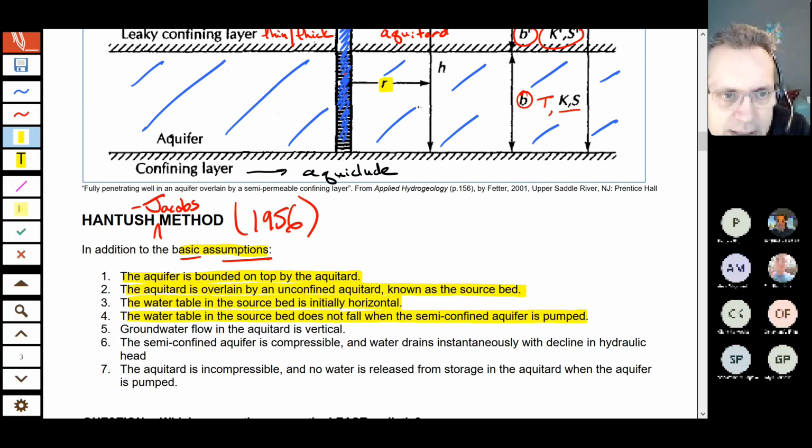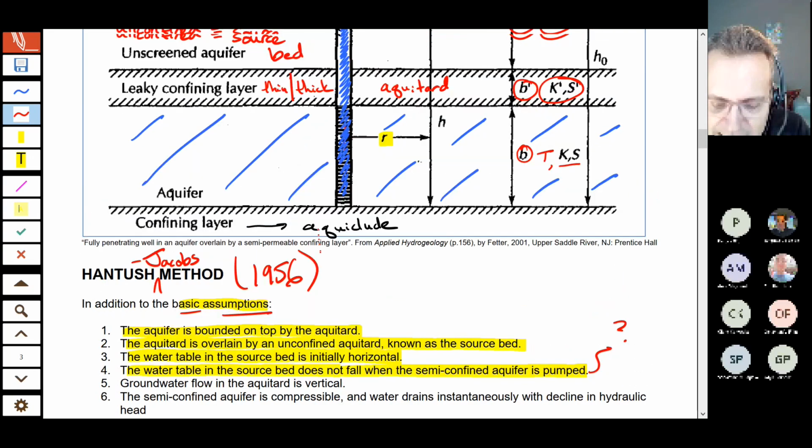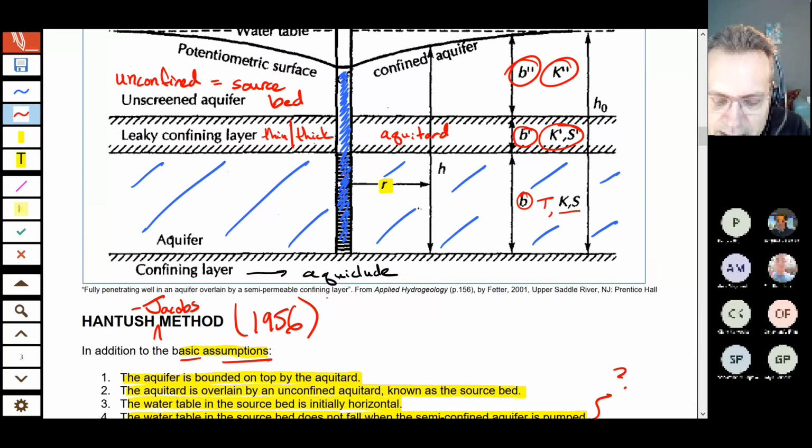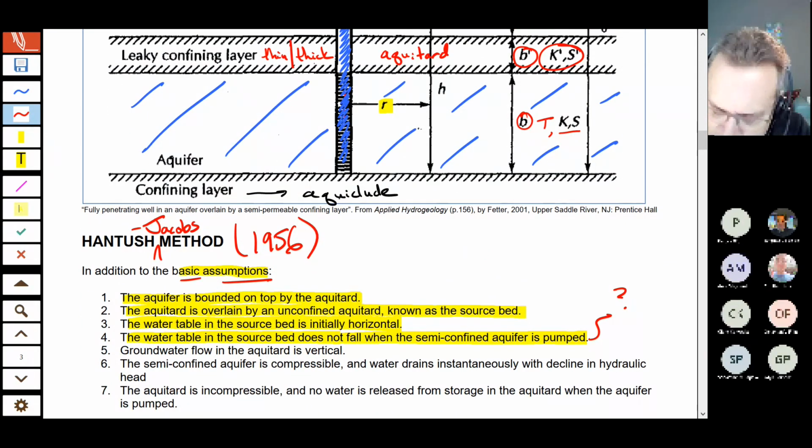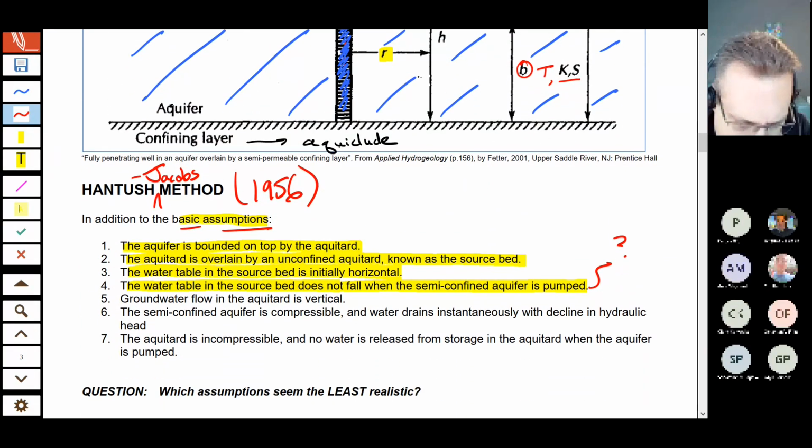That almost considers like we have infinite recharge into the unconfined aquifer. That one is a little bit hard to wrap your head around, right? That means that you're talking about static conditions while you're pumping. You're not getting a drop in water level. But again, that's a basic assumption as done in this calculation.